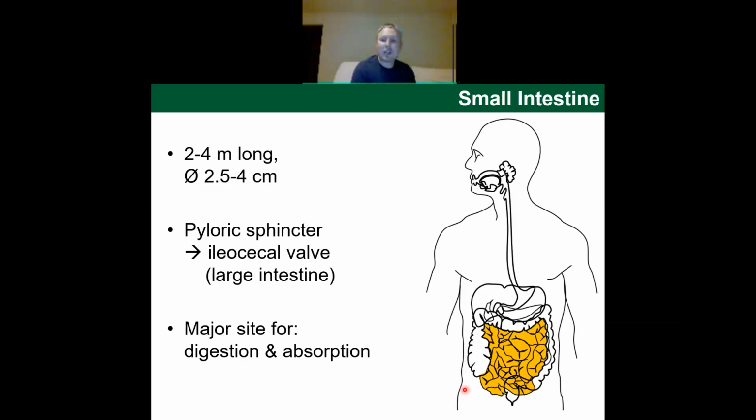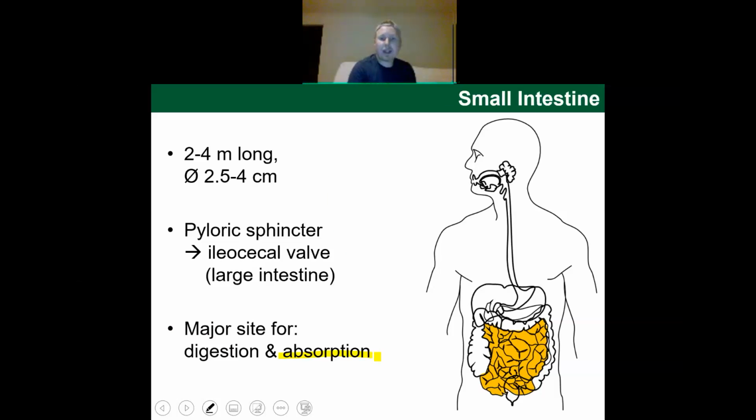And ileum then turns into large intestines, and the first part of the large intestines was cecum. So we have an ileocecal sphincter there. We'll have a look at that later. But it is the small intestines that are the major site of absorption and also digestion.